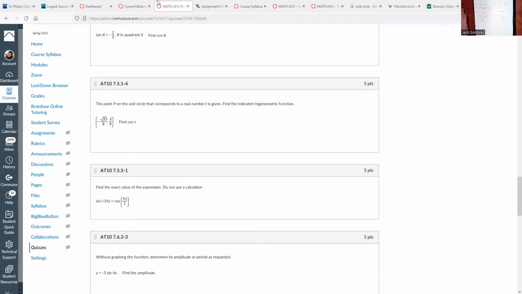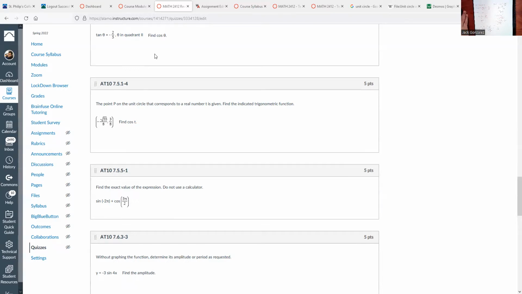So if you were to do tangent for this guy, let me write it down. Tangent of T in this case would be 3 over 8 divided by negative root 55 over 8, giving us negative 3 over root 55.